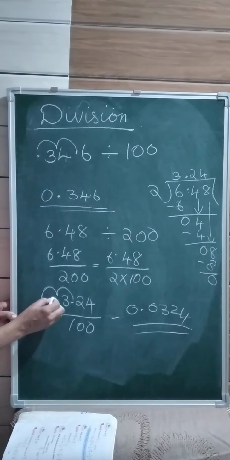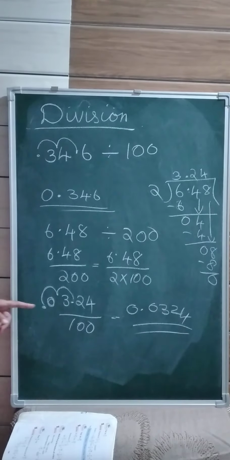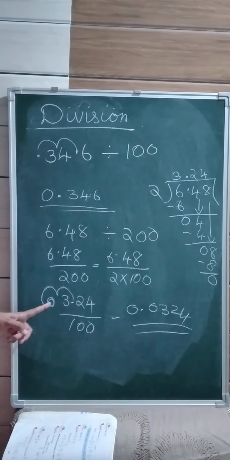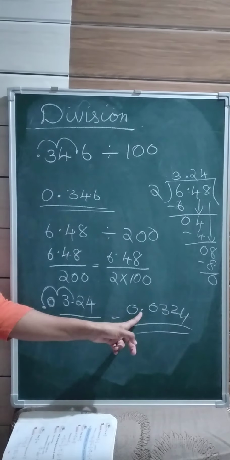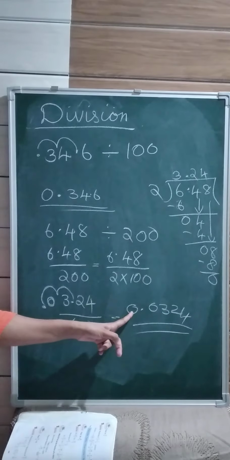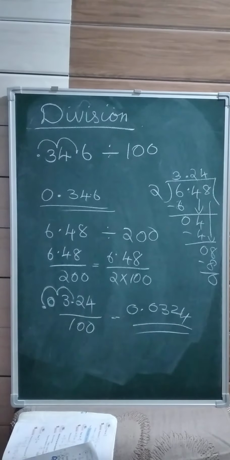For the second skip there is no digit, so you can put 0. Then the point will be here. 0.0324 is the answer. Absence of a whole number means you can put 0.